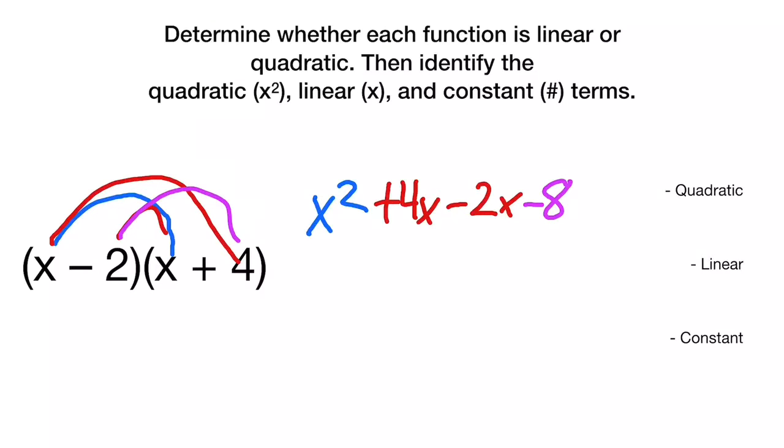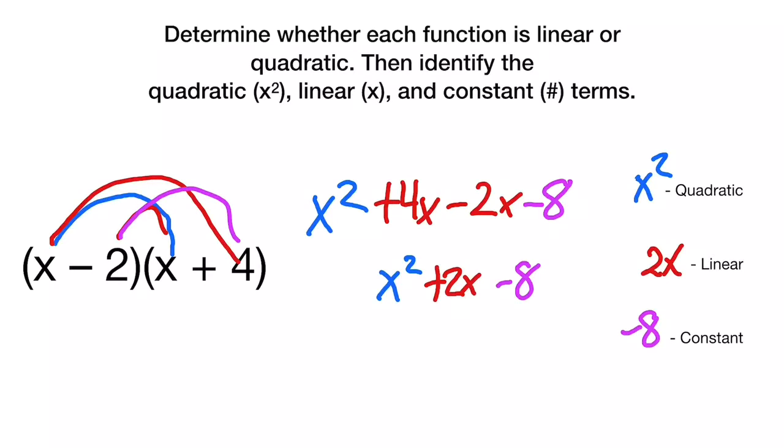At that point, we get x squared, and then we have to add in the 4x and the minus 2x to become plus 2x minus 8. So our quadratic term in this case is x squared, our linear 2x, and our constant negative 8.